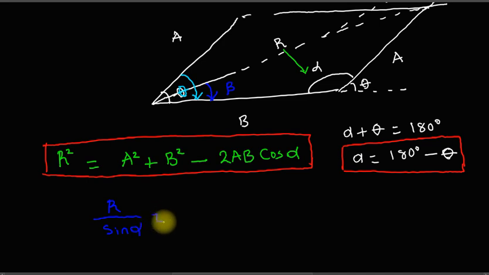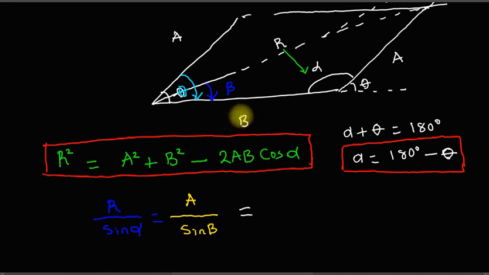So this is equal to the side of another side over the sine of the angle opposite it. So side A, so I have A all over sine B is equal to, what is the last side?